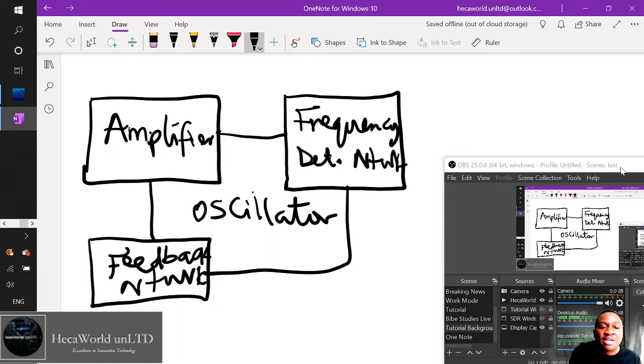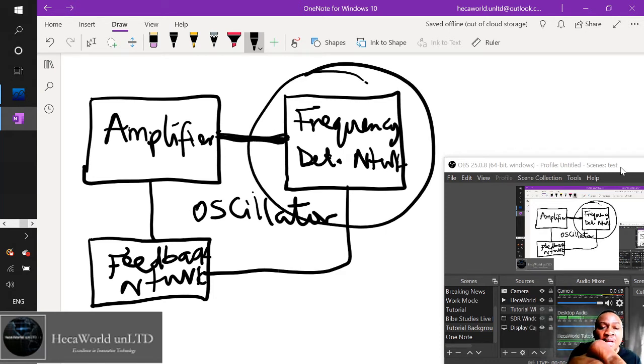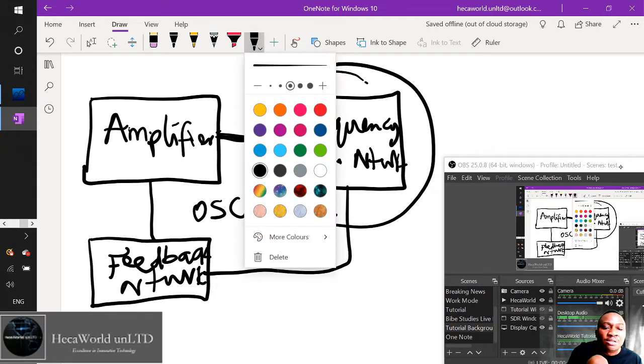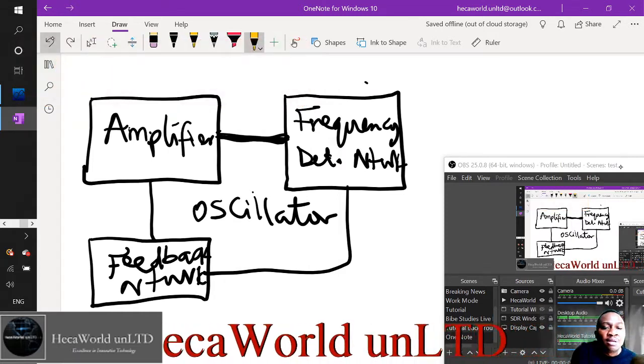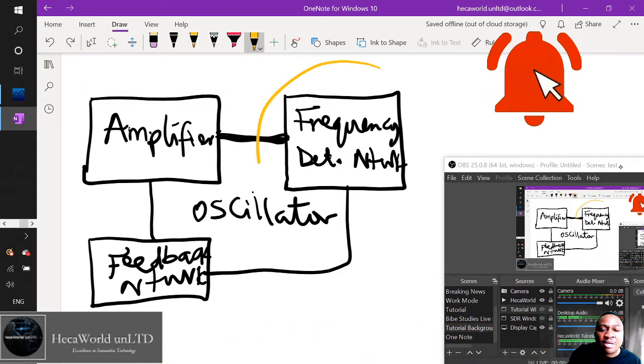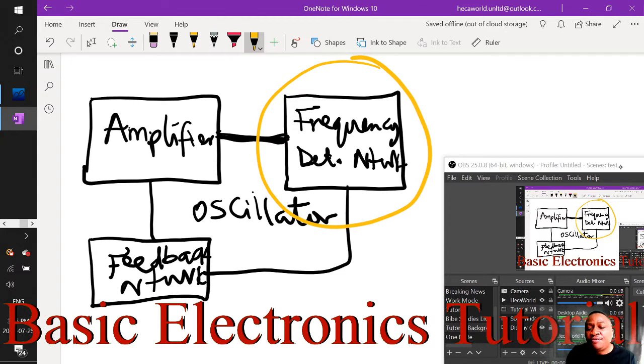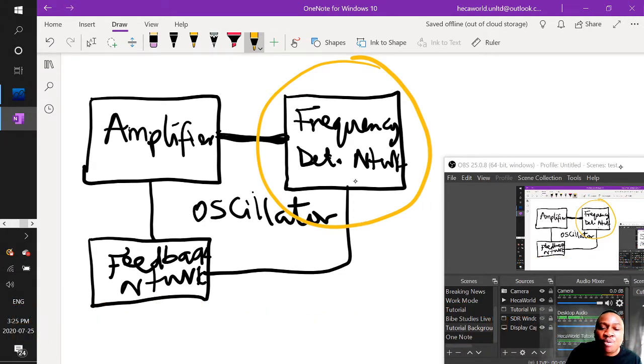Basically, you build an amplifier, you send it to another block that is the frequency determining network. Let's change this ink to a different color so that when we overwrite something, we can still see the new addition. This is a frequency determining network. Once this is done, you need to take a portion of that output and feed it back into the input of your amplifier. When you do this successfully, you have created an oscillator.